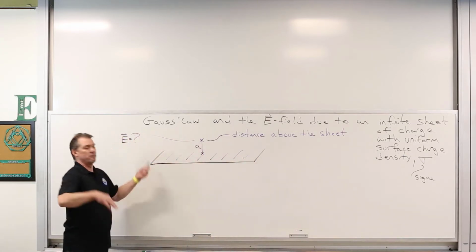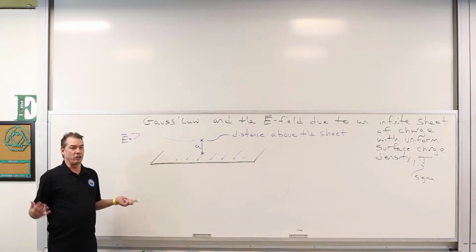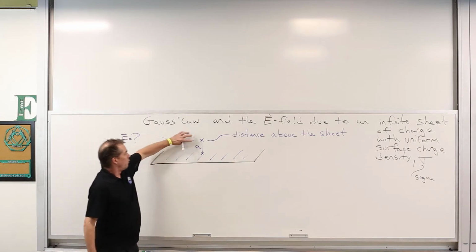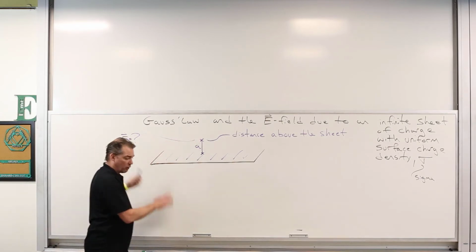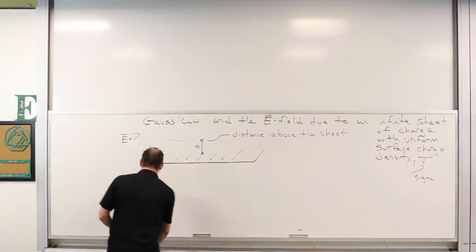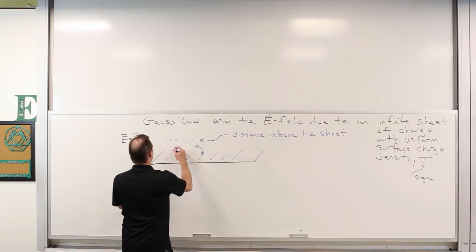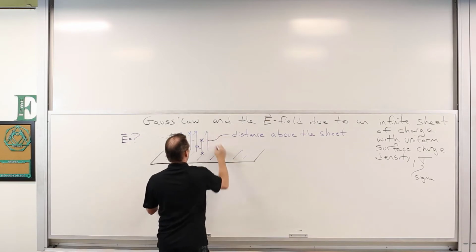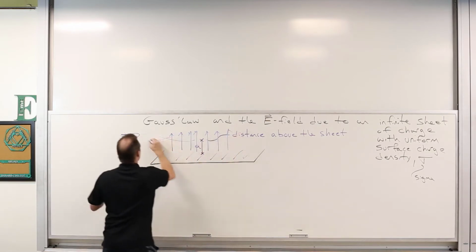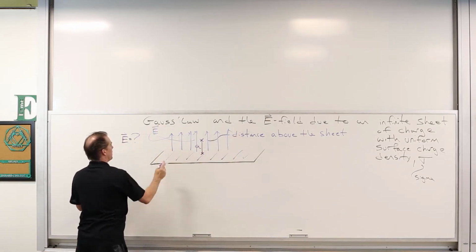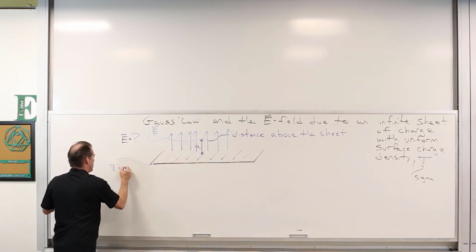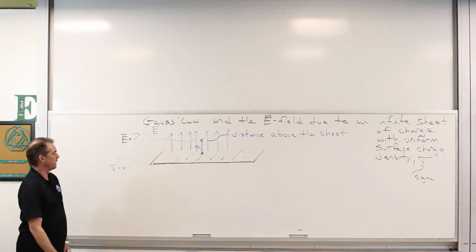So, if it's infinite, we don't need to say center because everywhere is the center. So what do we have here? Well, at this location, or really any location, the electric field once again should be straight up. And again, we're going to go ahead and say sigma is positive here.